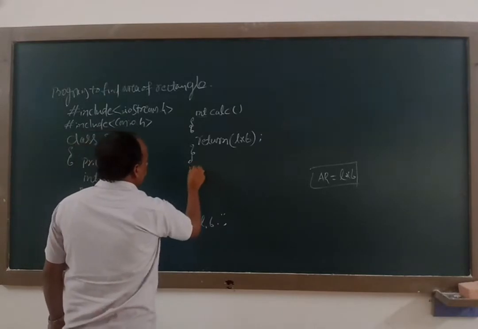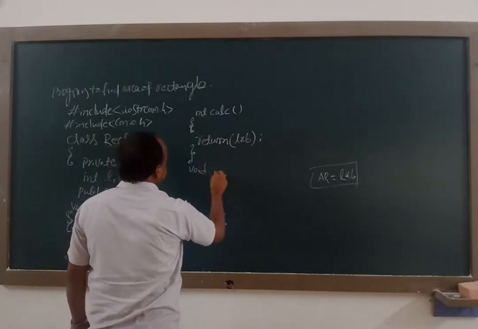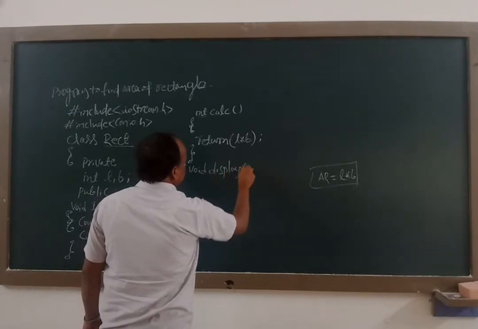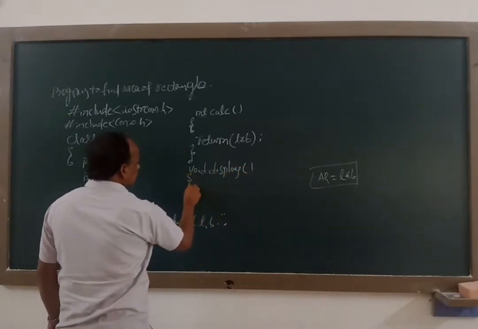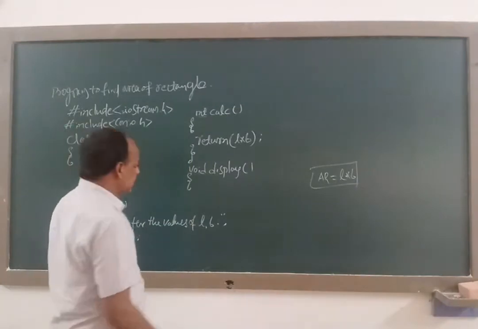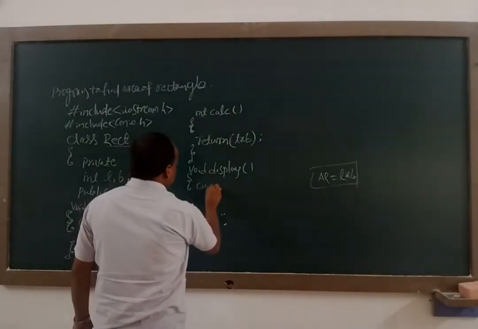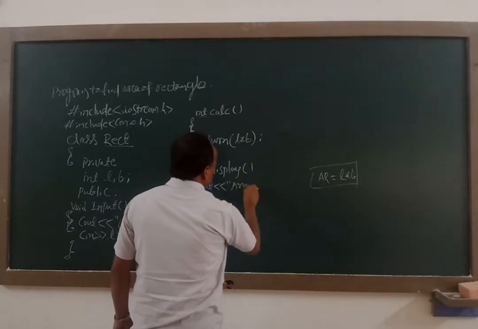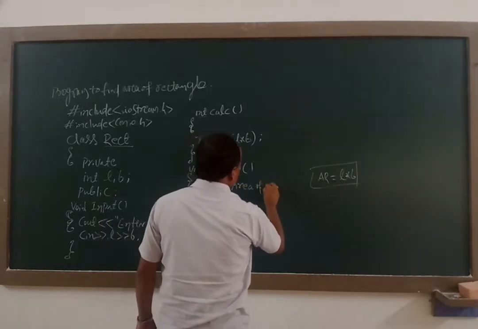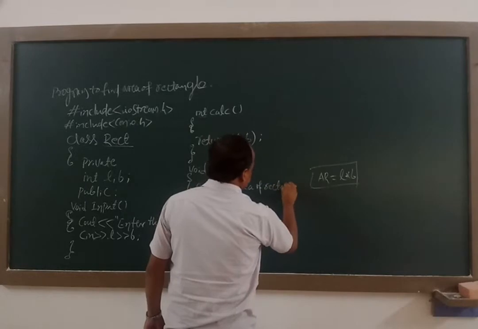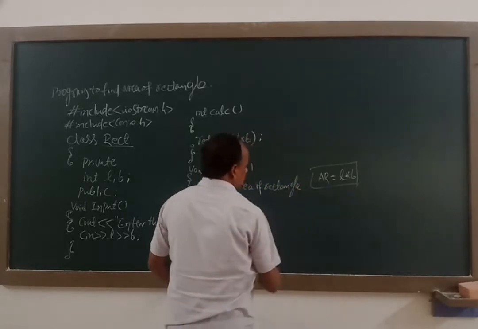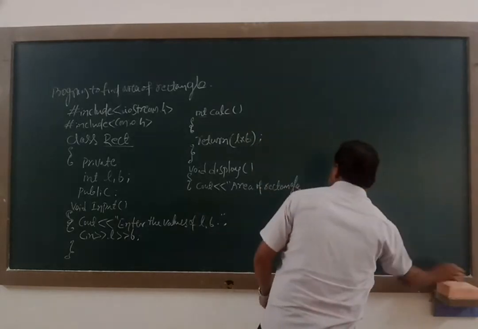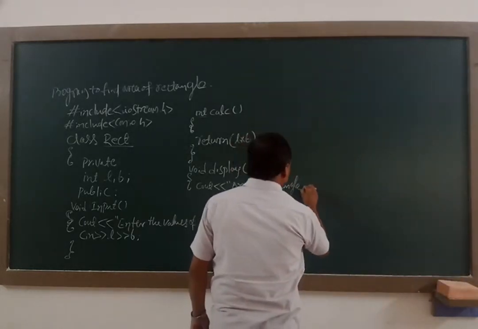Next, the last function, void display. What do I have to display? Area of rectangle, right? Write down cout, area of rectangle is.